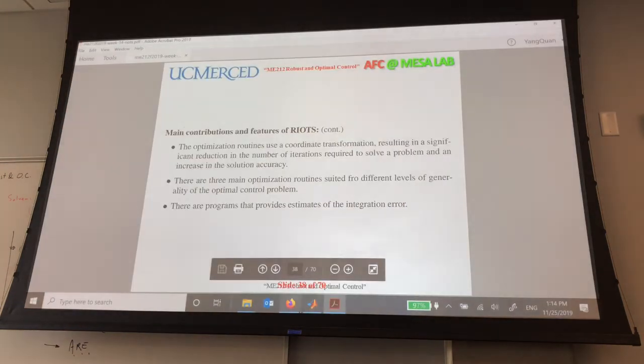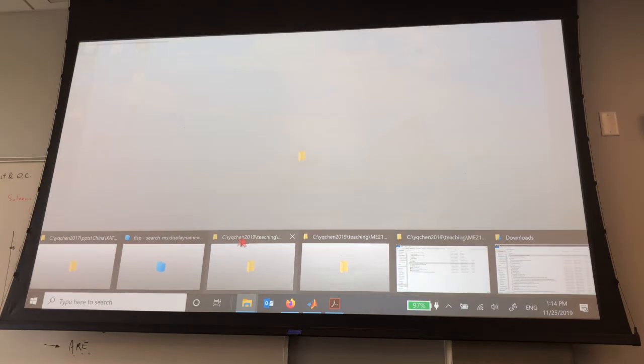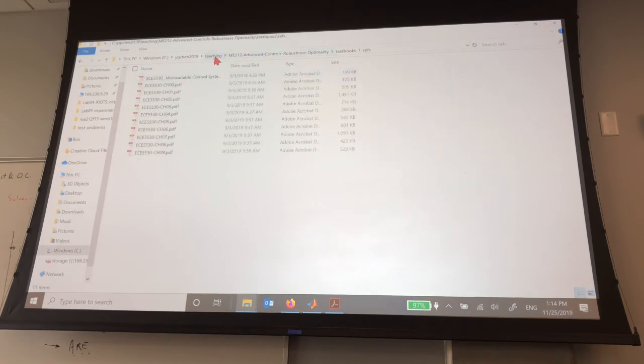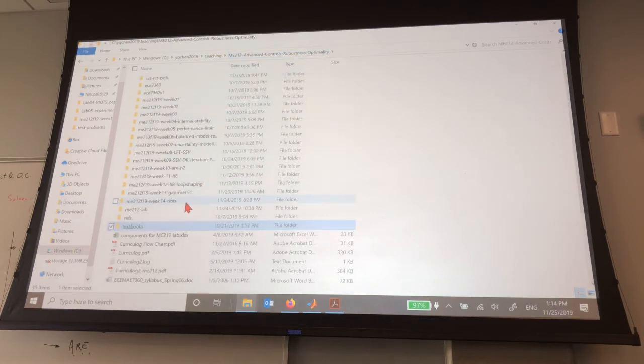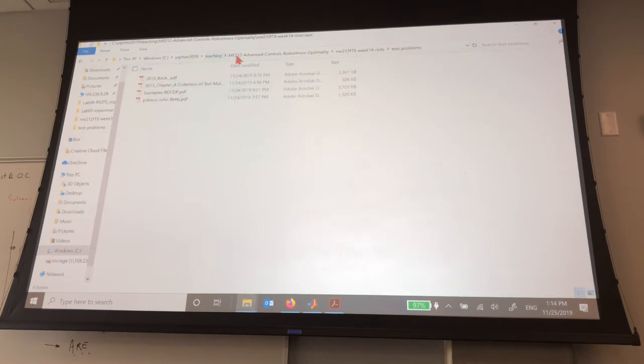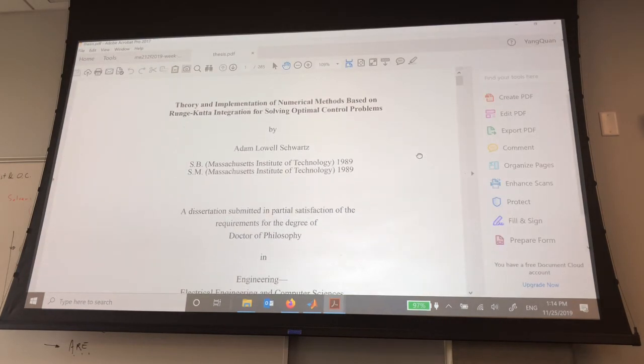So I actually want to show you, it's in the lab, the thesis title: Theory and Implementation of Numerical Methods Based on Runge-Kutta Integration for Solving Optimal Control Problems.